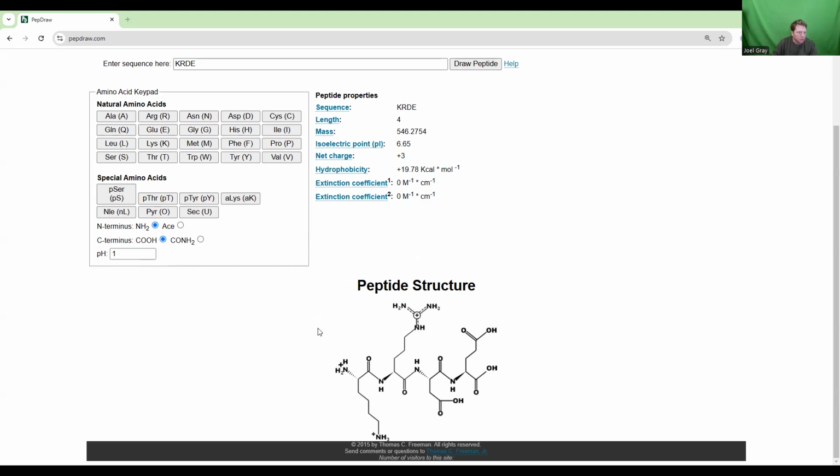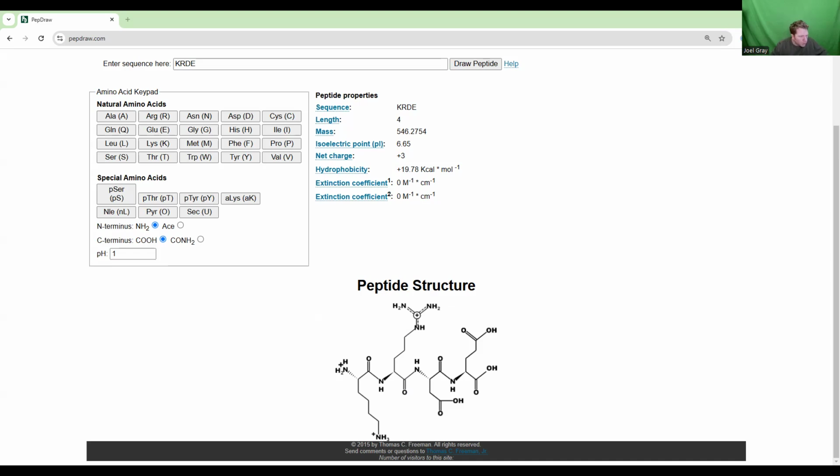When you look at a molecule like this, it might be a little bit intimidating to know where to start. Now, my recommendation is that we need to be able to identify a couple of things.